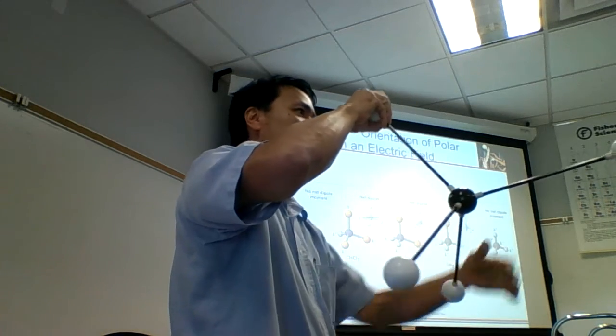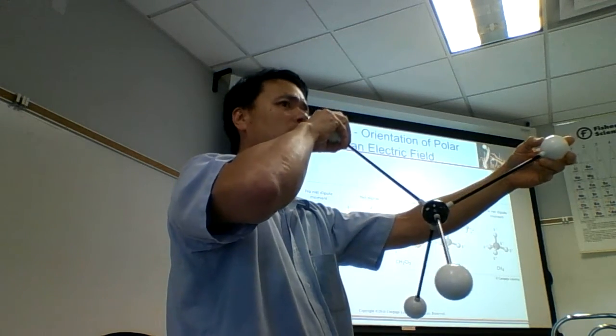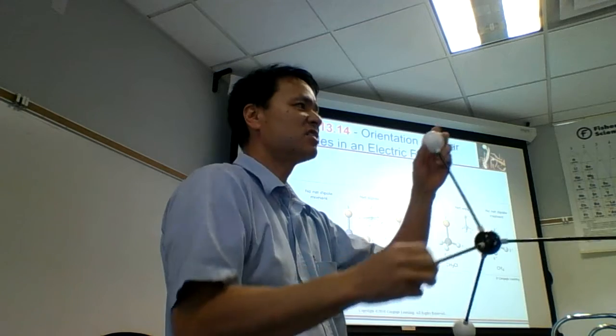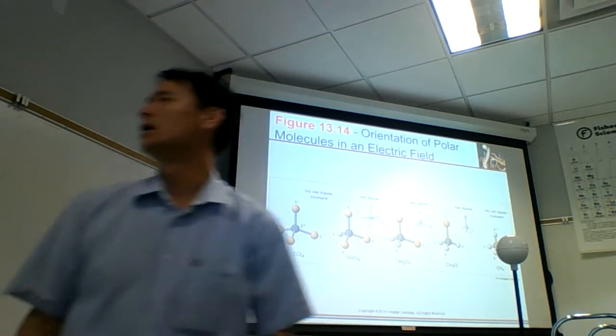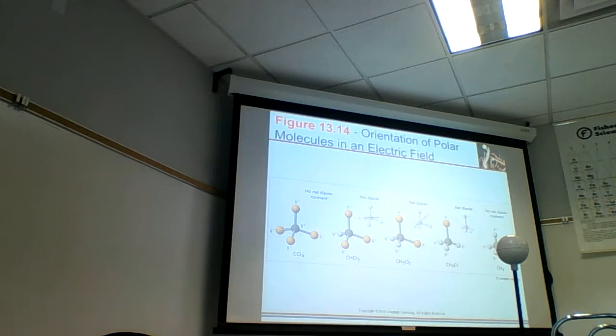But these two are pulling up, equal and opposite. This is spherical symmetry. So in 3 dimensions, these bond dipoles cancel one another out, and there's no net. The sum of the bond dipoles is equal to 0, and therefore this is like oil. It's nonpolar.